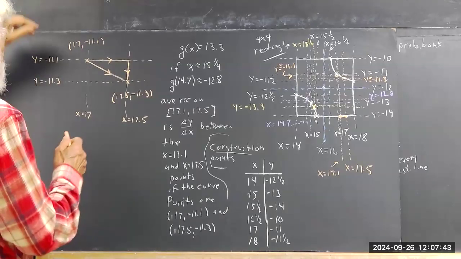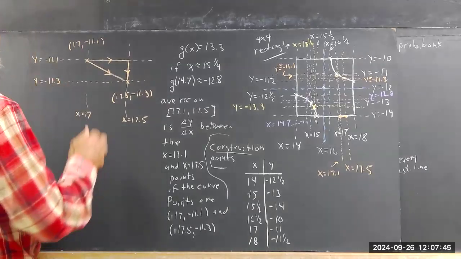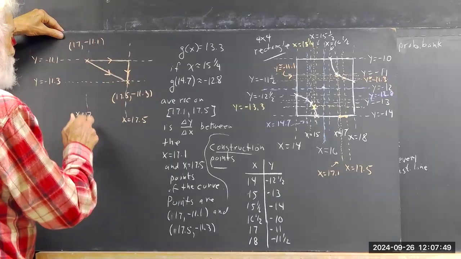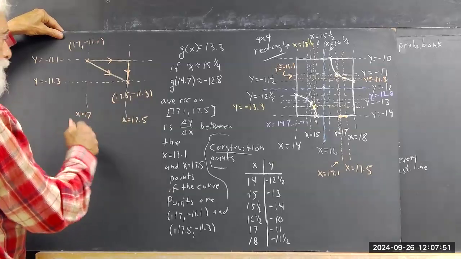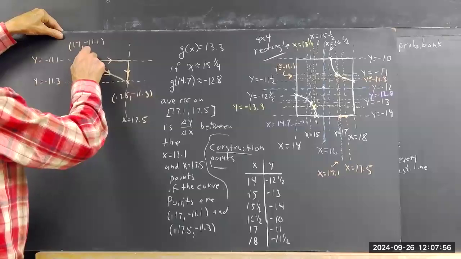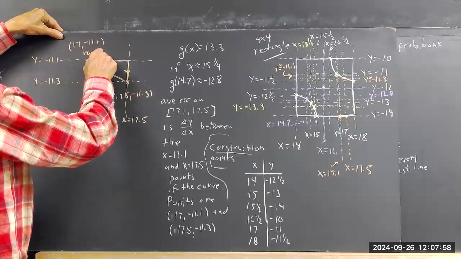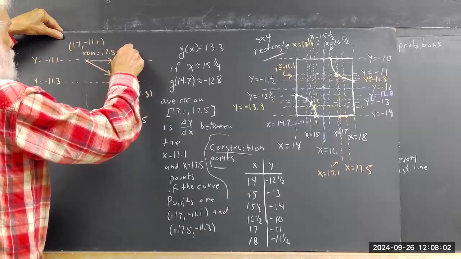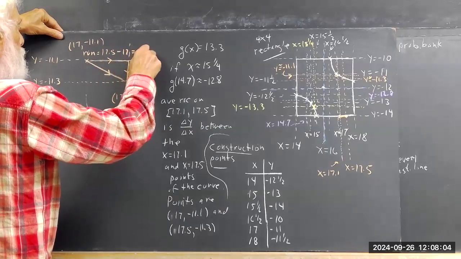Make sure. Okay, so from 17 to 17.5, what's the distance? Well, it's pretty obviously 0.5, but sometimes you need to calculate it. So we write run equals 17.5 minus 17 equals 0.5.